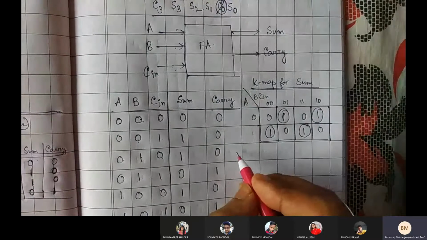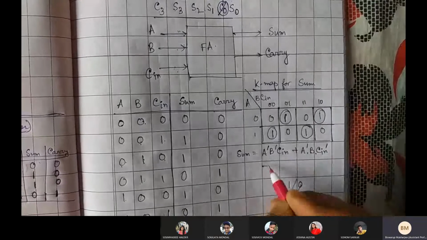0, 1, 1, 0, 1, 0, 0, 1, right? So that means all should be taken individually. No such grouping is possible, and that's why sum is equal to, let me write down from here: A bar, B bar, C in, plus next one is A bar, B, C in bar, right?